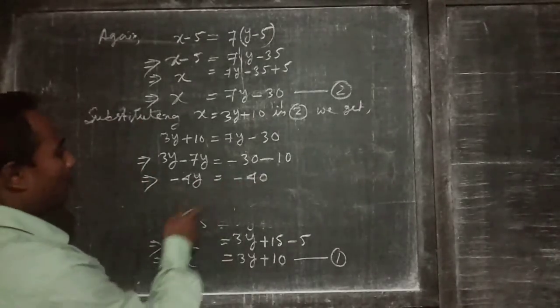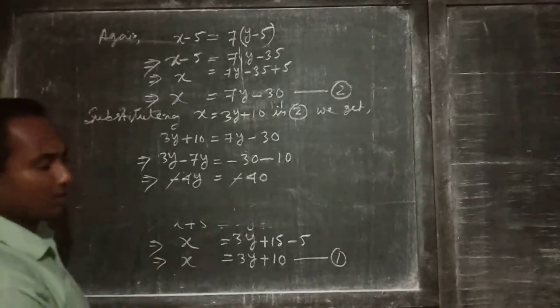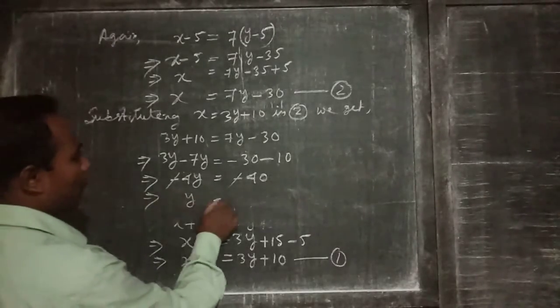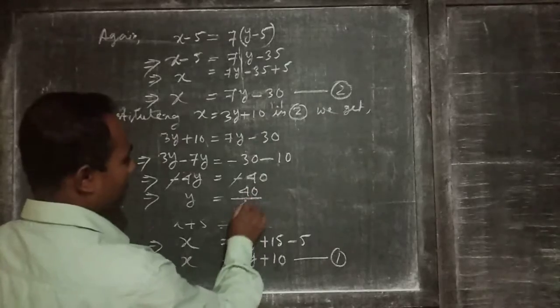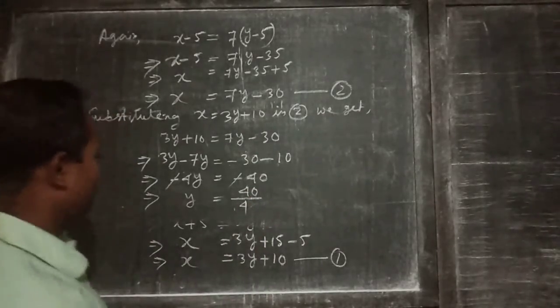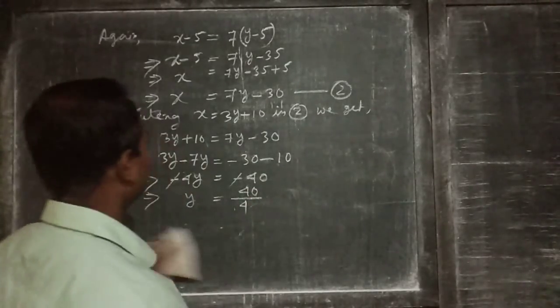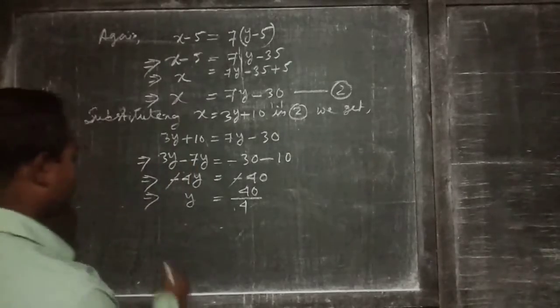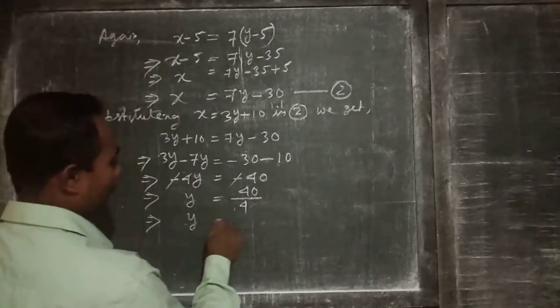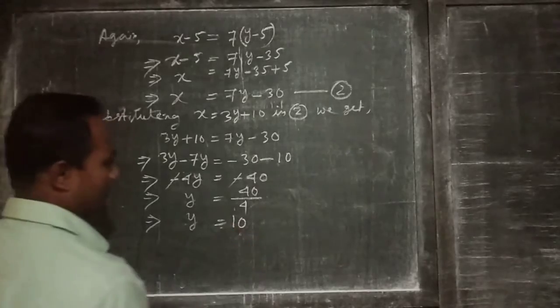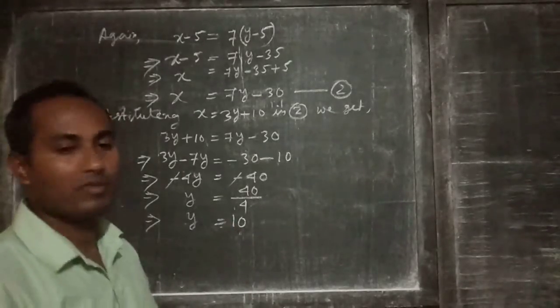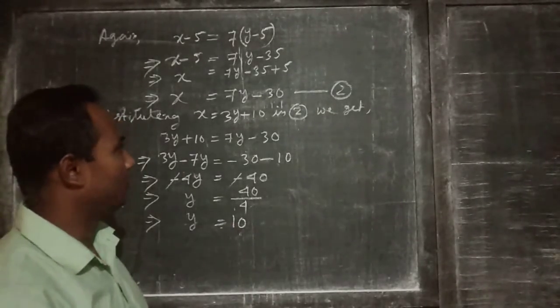From both sides the minus sign will be cancelled out, then we get the value of y equal to 40 by 4. The value of y equal to 10. That means we have got the present age of his son.